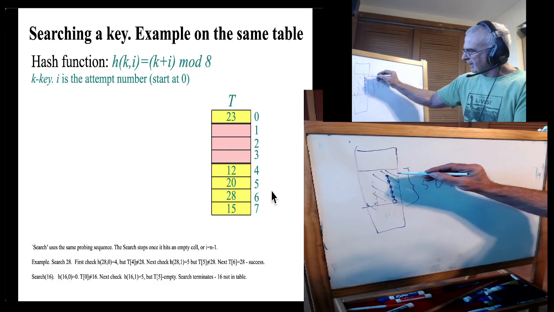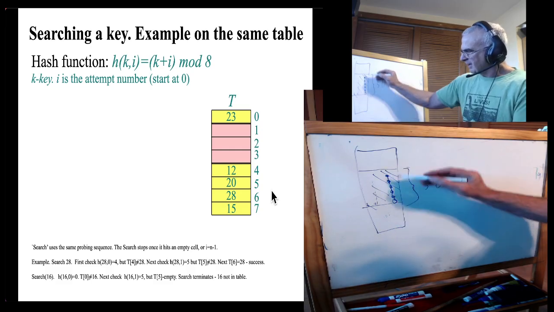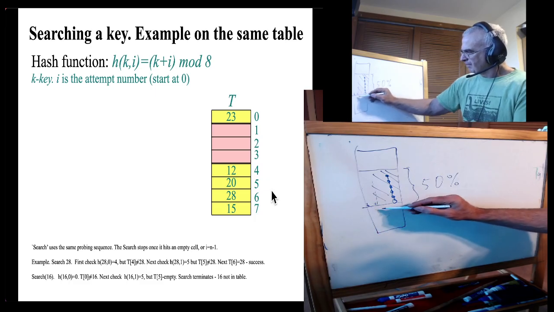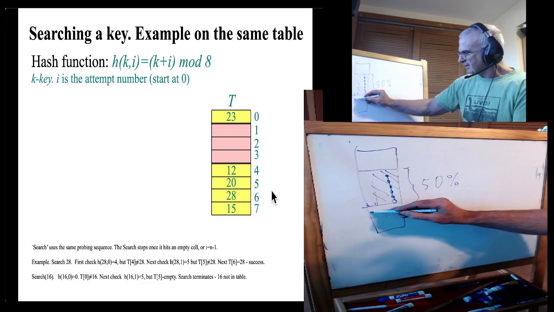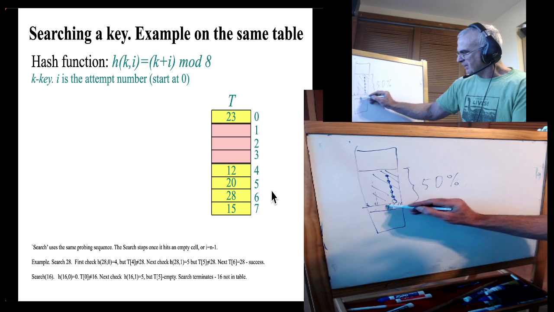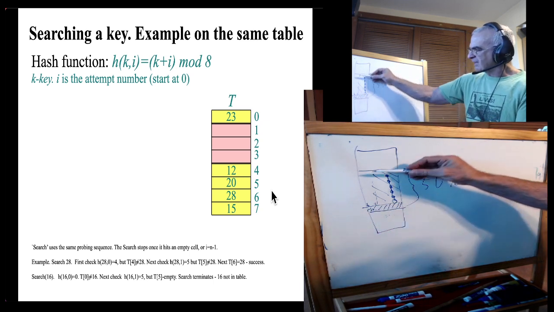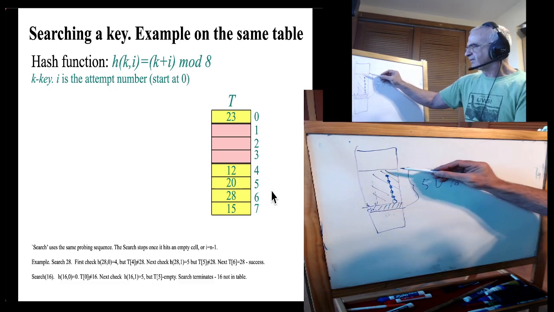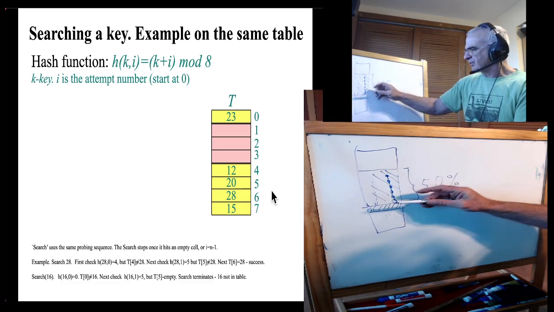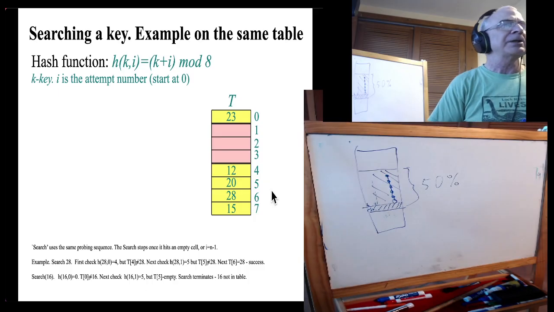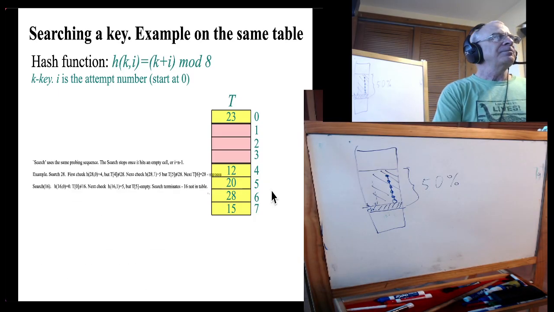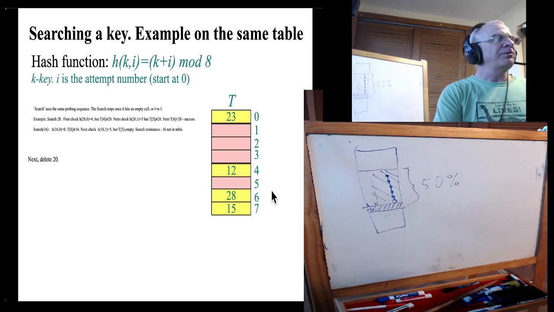The moment that I entered this big cluster, I'm doomed to stay inside the cluster until I get to the end of the cluster, inserting the new element right here, and spending a lot of time, and it makes the status of future searches even worse because this cluster will become larger and larger. How can I avoid this problem, the problem of creating big clusters?